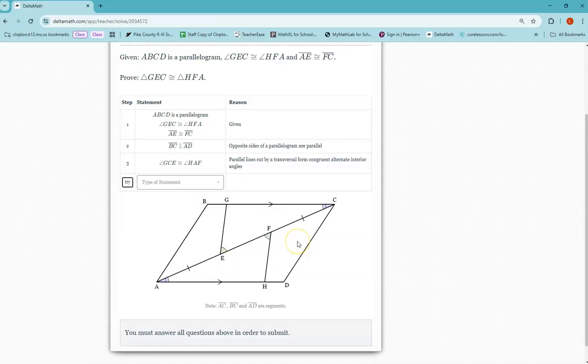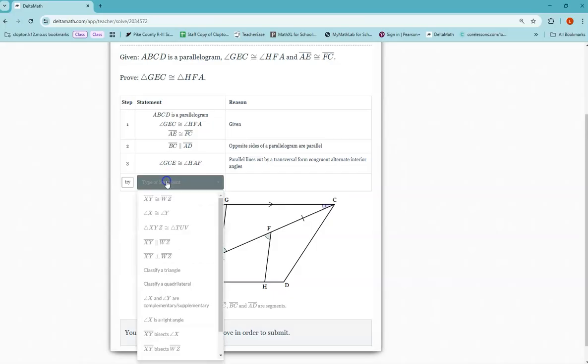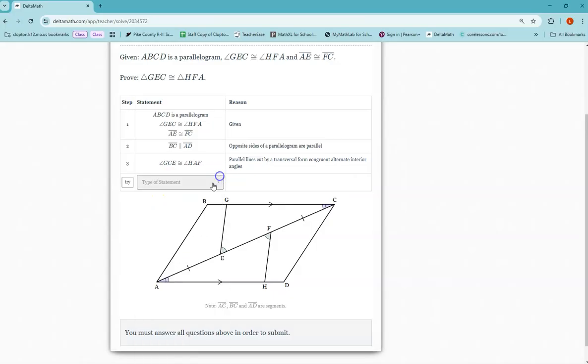Okay, so we have two angles. We need to get a side. So this will be a little bit trickier. So I am first going to talk about EF. So EF is congruent to itself. It's not an angle. Let me select the right thing. It's a line segment. EF is congruent to EF. Reflexive property.